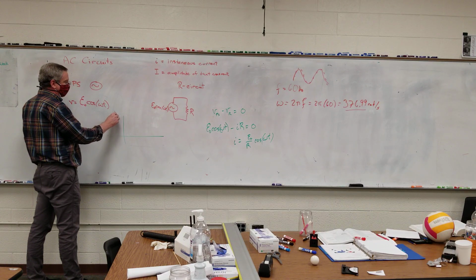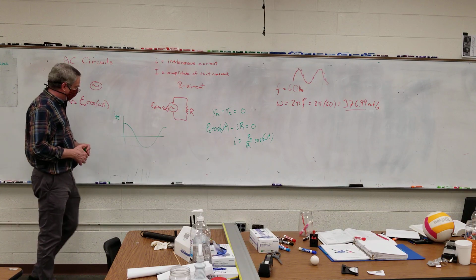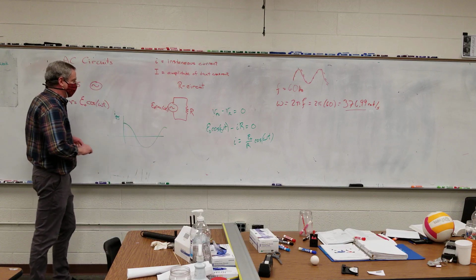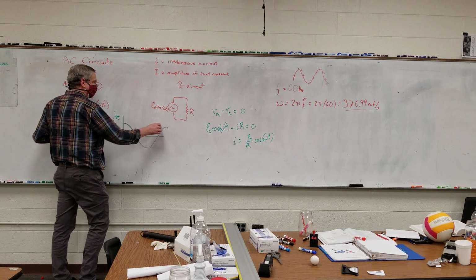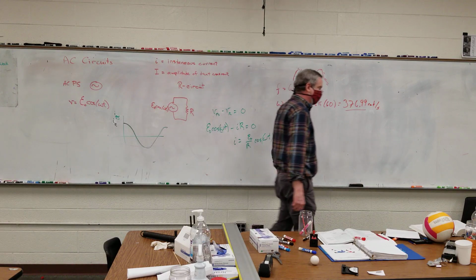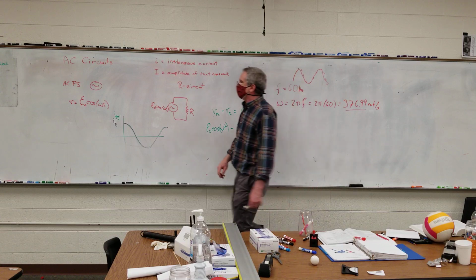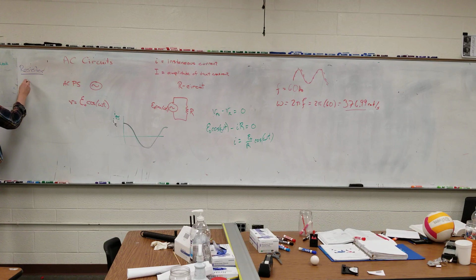So if I look at the current of the power supply, it looks something like that. If I do the current of the resistor, well, it's the exact same. The reason why I drew this graph here with one on top of the other one is I want to emphasize the fact that when you're dealing with resistors, and this is a rather critical rule here, voltage and current are in phase.